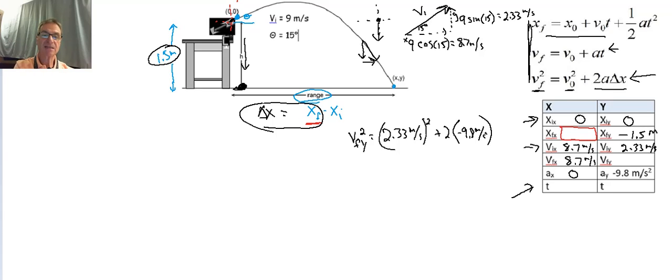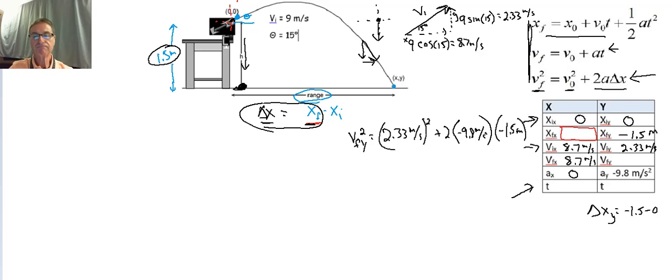Delta x is just the same as x final, and that's true in either the x direction or the y direction. Our initial position in the y direction is 0. x final is negative 1.5 meters, so delta x in the y direction is negative 1.5 minus 0, so it's going to be negative 1.5 meters.